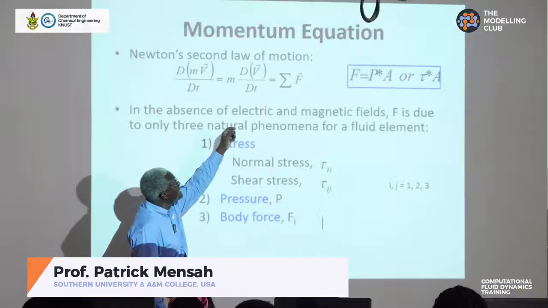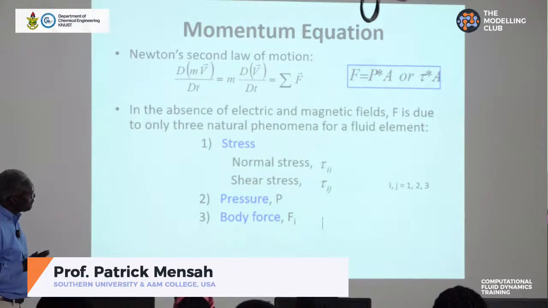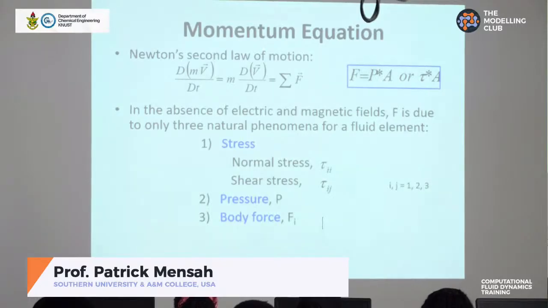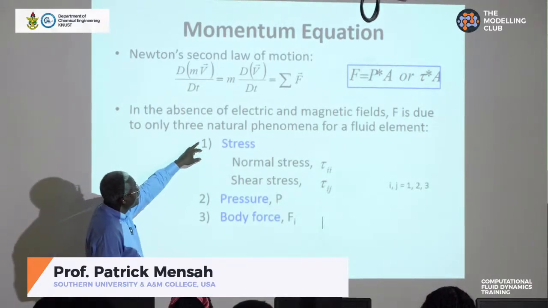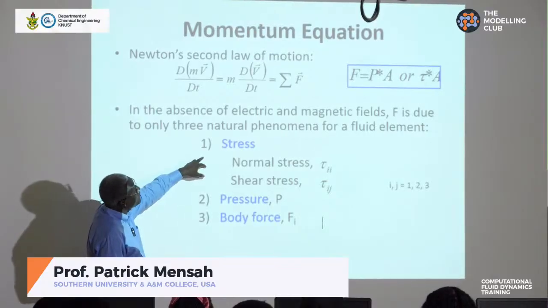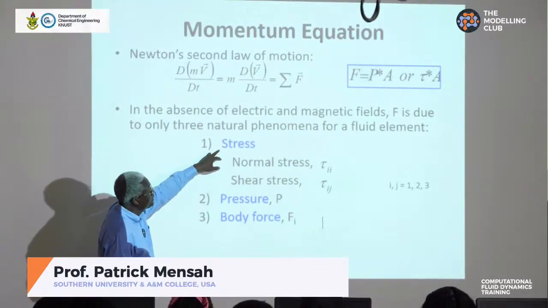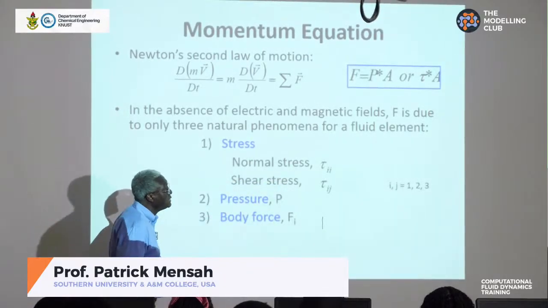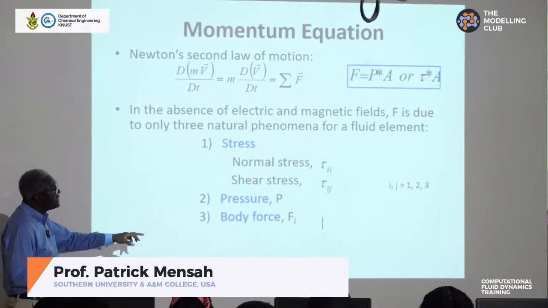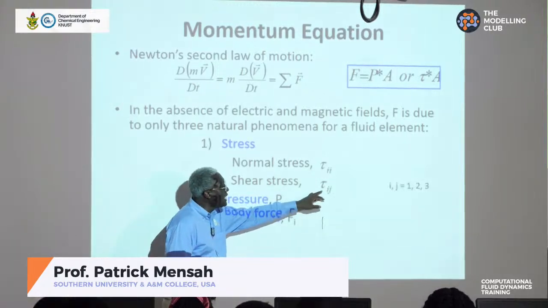So if we look at this sum of forces, for now, since we are not going to do any complex derivations requiring that we consider electrical and magnetic field forces, we will say that for a given fluid element, the forces will be due to stress, and the stresses are the normal stresses, tau ii, and the shear stresses, tau ij.